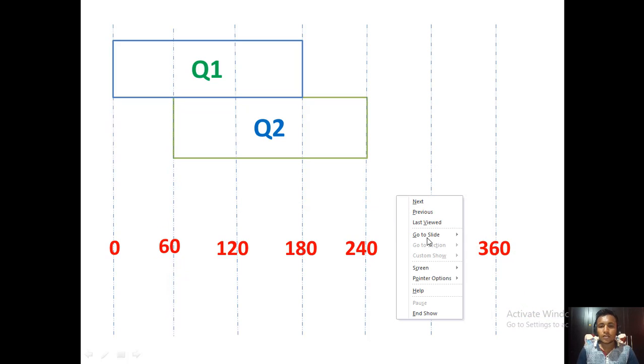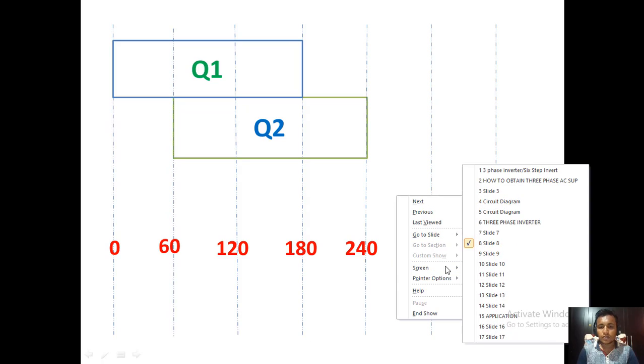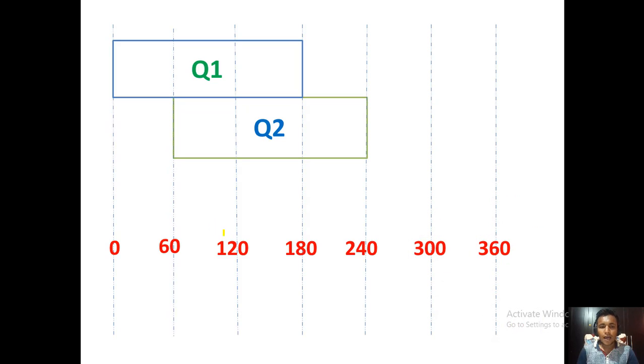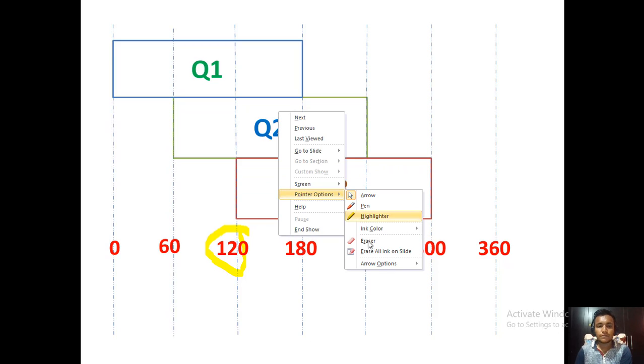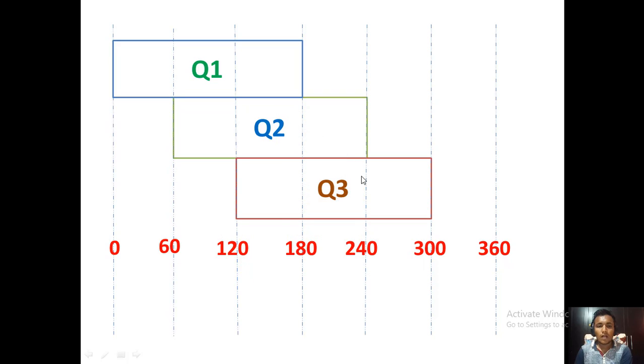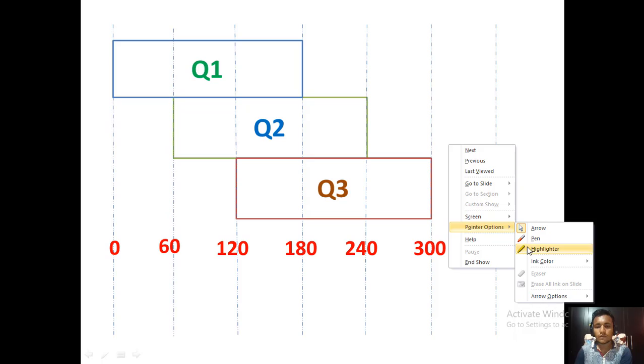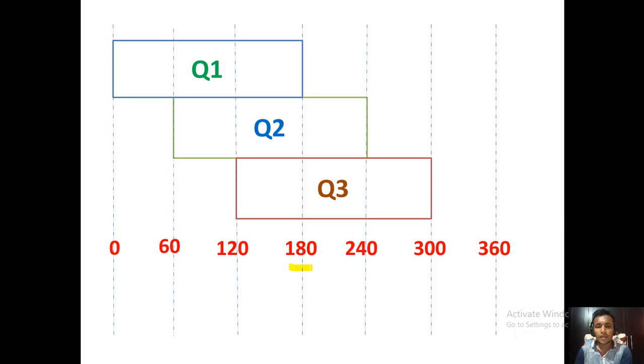Similarly, Q3 turns on at alpha equal to 120 degrees. Then Q4 will be on at alpha equal to 180 degrees and remains on till 360 degrees.